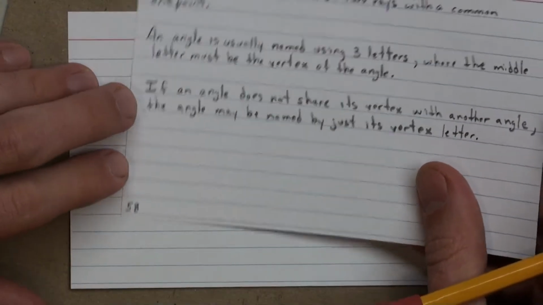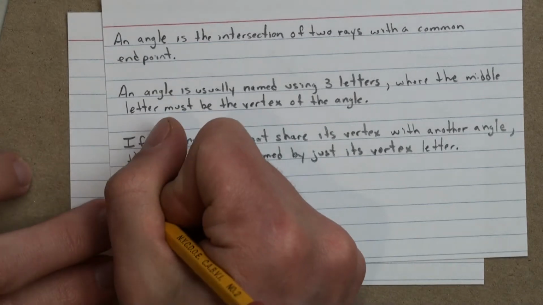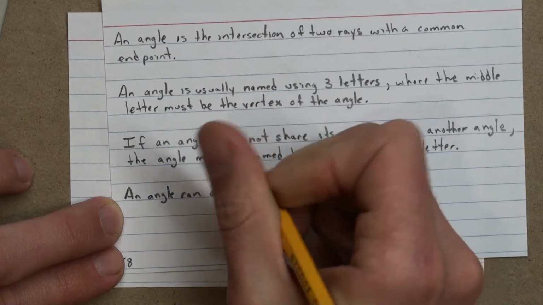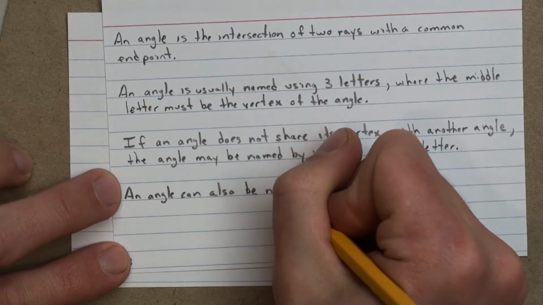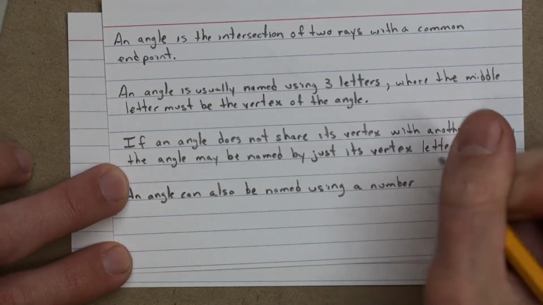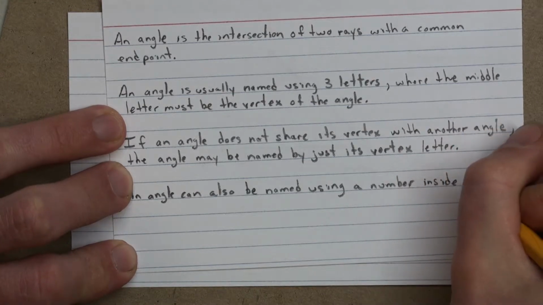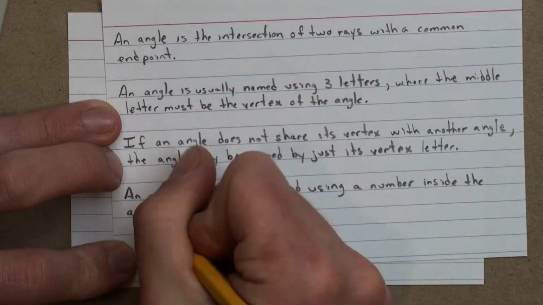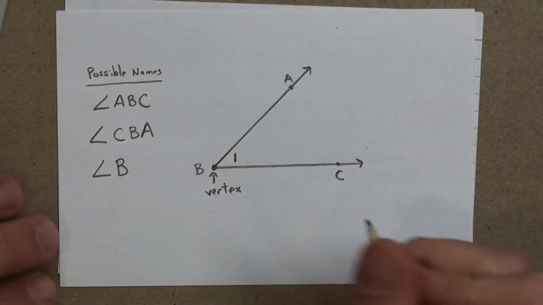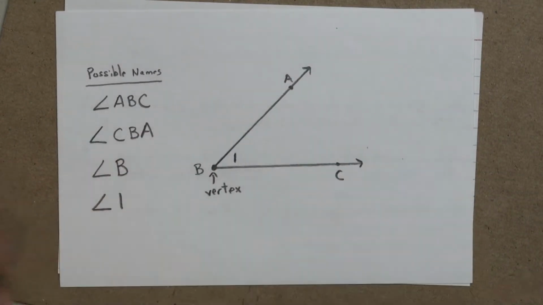Let me just see something real quick. Let's go back to card 58 for a second. And let's put an angle can also be named using a number inside the angle. And on the back, let's put a 1 in here, and we can also call this angle 1.